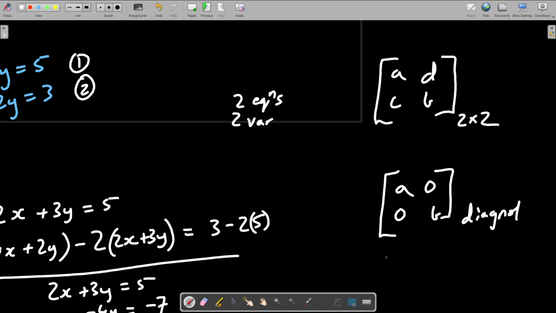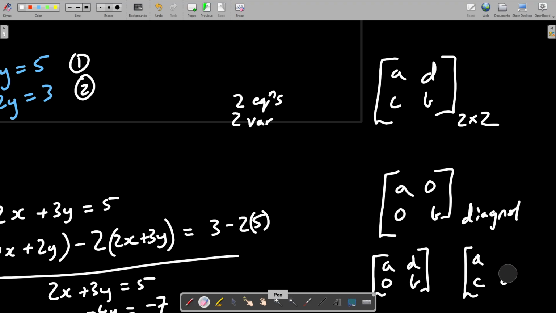Same way, you can even have two more matrices. This is called an upper triangular matrix. Why is it called upper triangular? Because the numbers above the diagonal are non-zero and below the diagonal are 0. And then there is something called lower triangular also, with B 0.